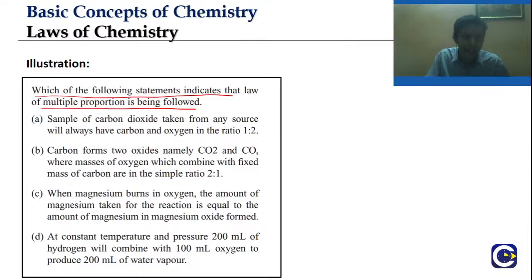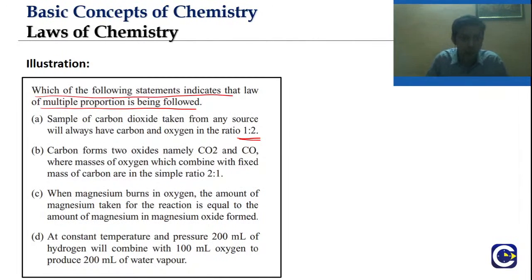A sample of carbon dioxide taken from any source will always have carbon and oxygen in the ratio 1:2. Is it the law of multiple proportion? It's definitely true, but it is not the law of multiple proportion.